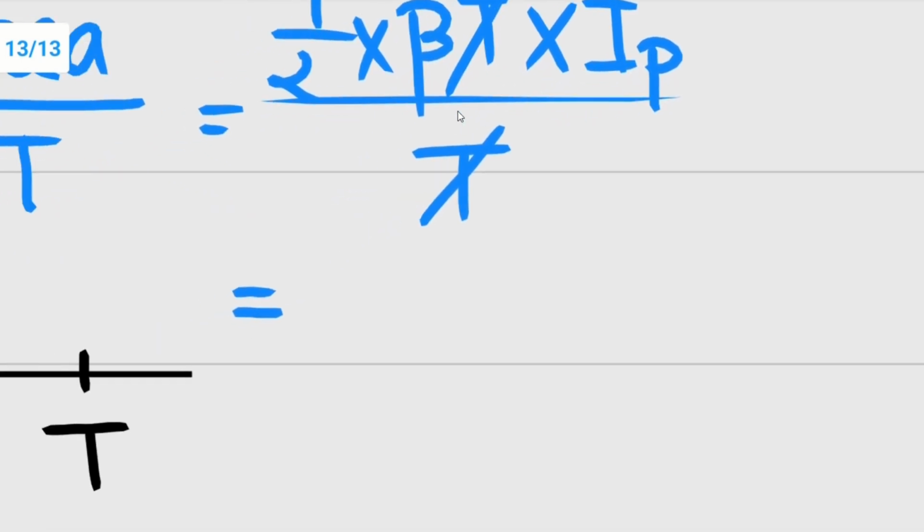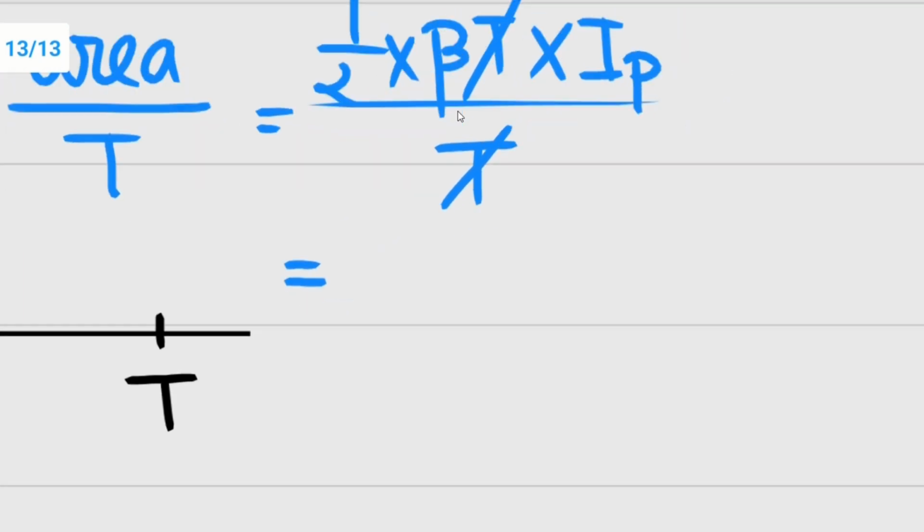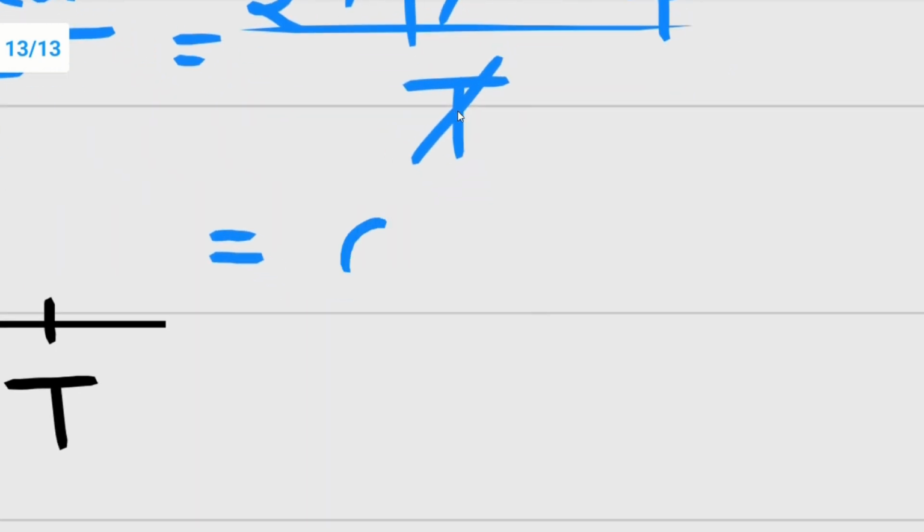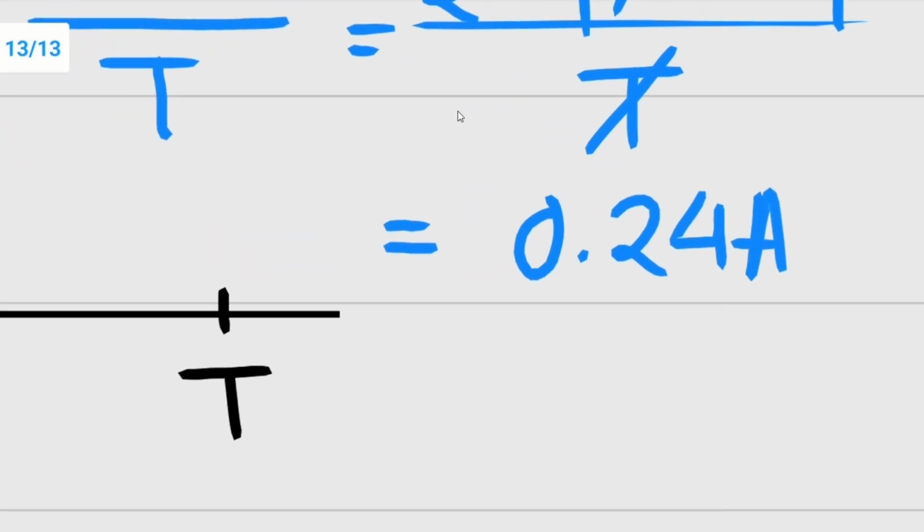The Ip value we have calculated is 0.8 ampere. We get the current as 0.24 ampere. So this is the average inductor current.